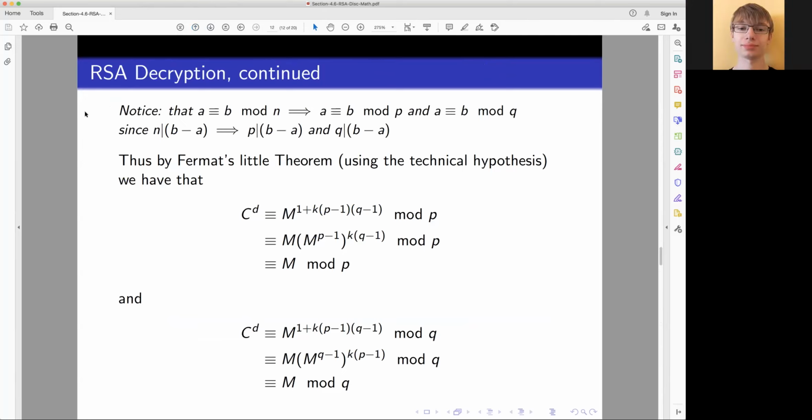If A and B are congruent mod n, and n is P times Q, then I claim that A and B are congruent mod P and mod Q. If you're congruent mod 6, then you are congruent mod 2 and mod 3 also, because 6 divides the difference, and so 2 and 3 also divide the difference. So the numbers must be congruent mod 2 and mod 3 also.